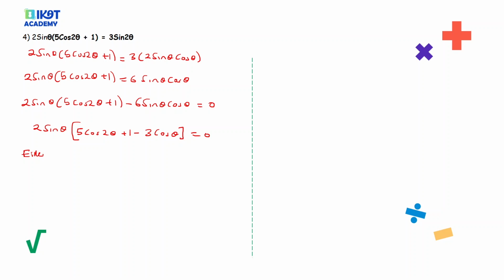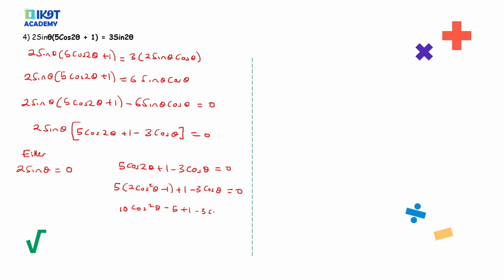Then we now come and say either 2 sine theta is 0 or 5 cos 2 theta plus 1 minus 3 cos theta is equal to 0. So now here you can open, this is 2 cos squared minus 1 plus 1 minus 3 cos theta is equal to 0, becomes 10 cos squared theta minus 5 plus 1 minus 3 cos theta is equal to 0.